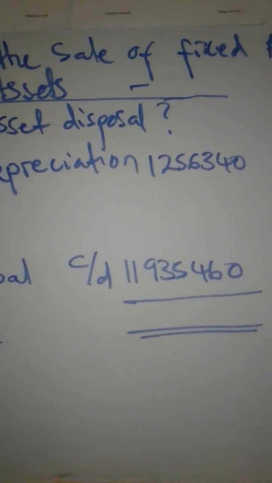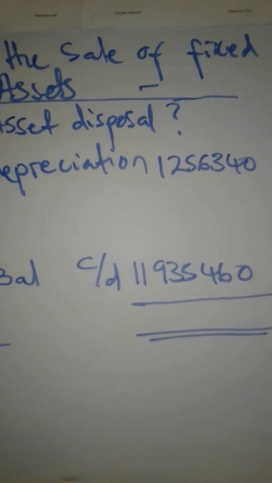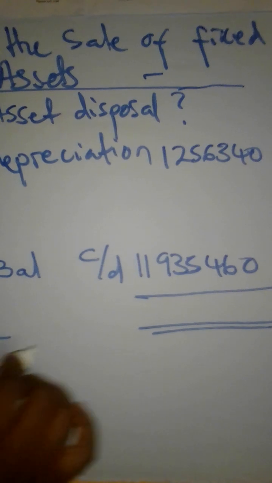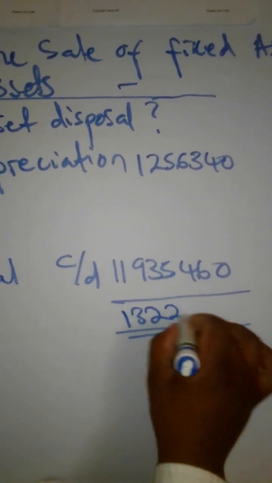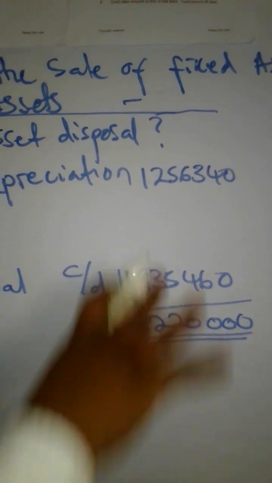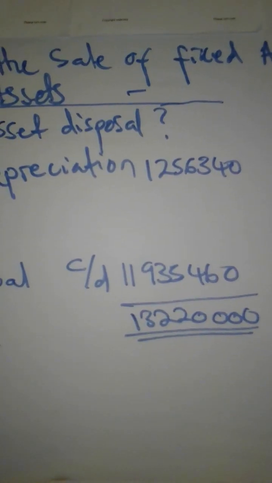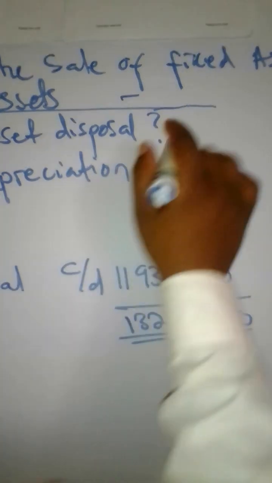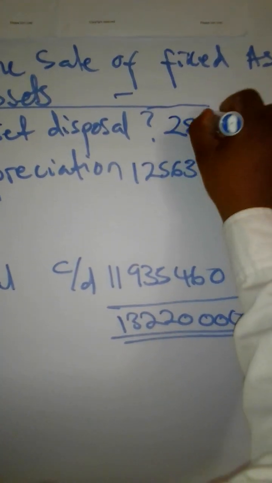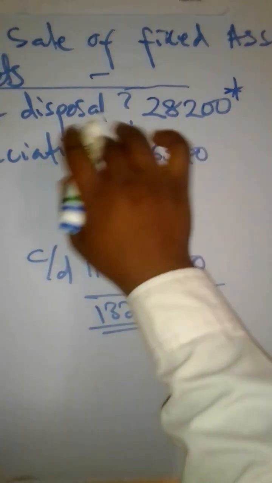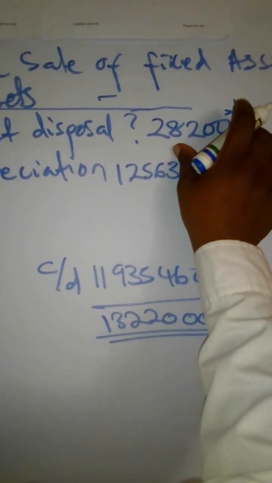After adding everything on the debit side, we'll have 13,220,000. So we subtract everything that is on the credit side. After subtracting, we are going to remain with 28,200. So this is our disposal at carrying value.